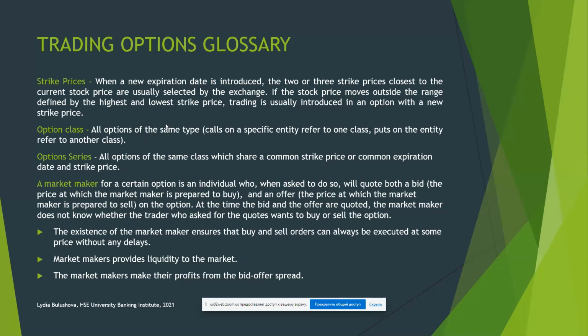So if the current asset price is 10, I think that you won't be able to purchase an options contract with a strike price like 200, because 200 is too far from 10. So that's how exchange traded options work.